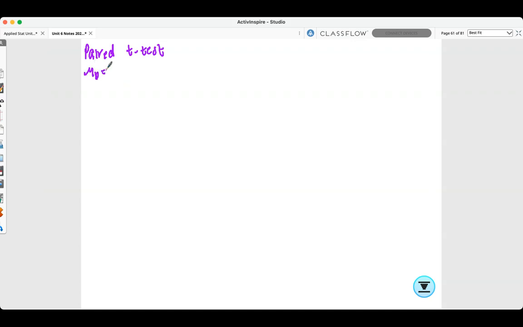So the name of this is a paired t-test. My mean of differences is the mean difference in age, husband minus wife. My null hypothesis is my mean difference equals 0.